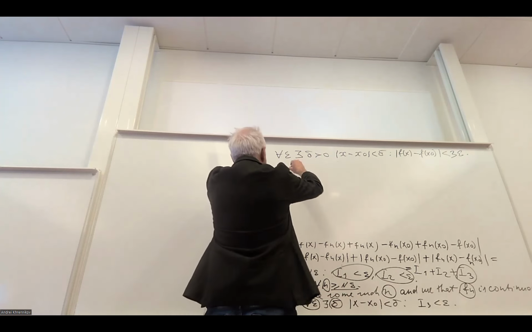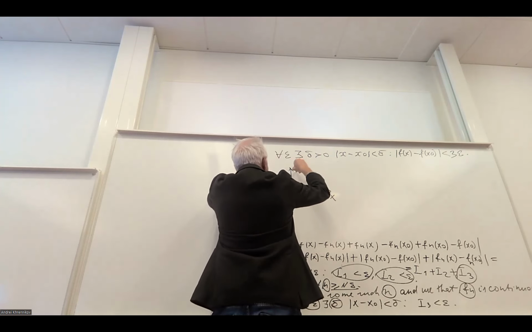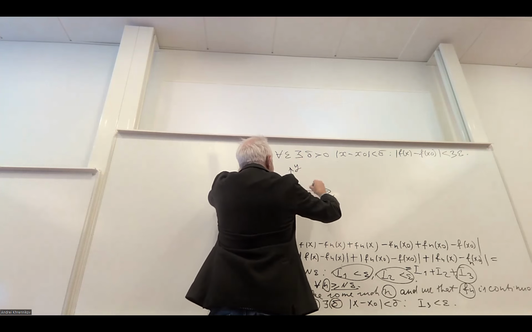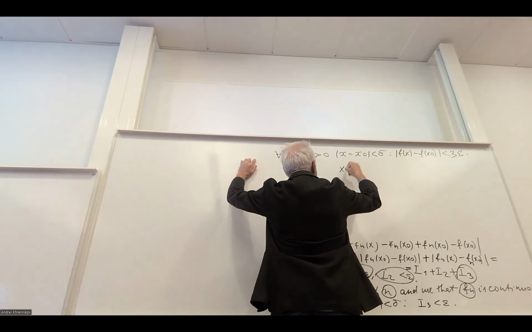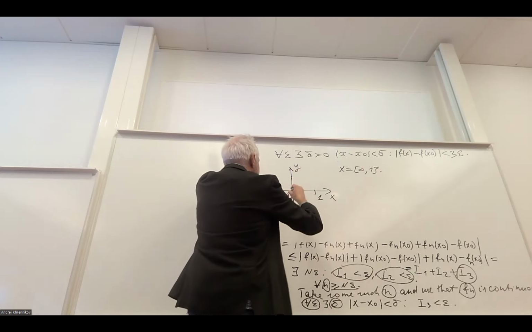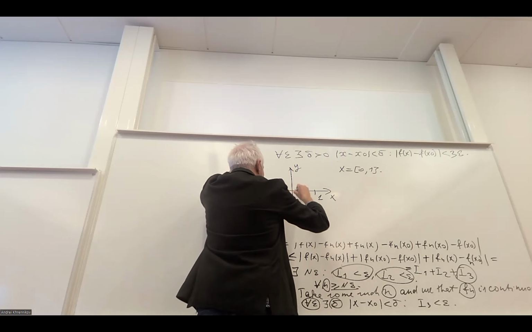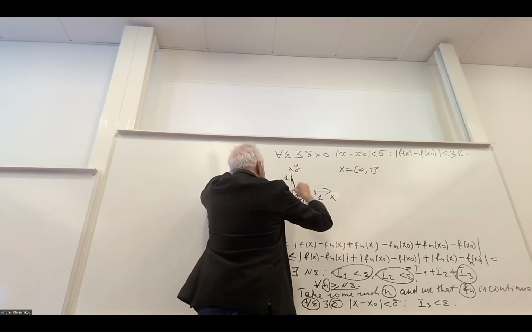So the example is such: x and y, from 0 to 1. My segment X is the segment [0,1]. And the function would be the following. Here it is 1 over n. Here it is 1. And here is a straight line between these points.